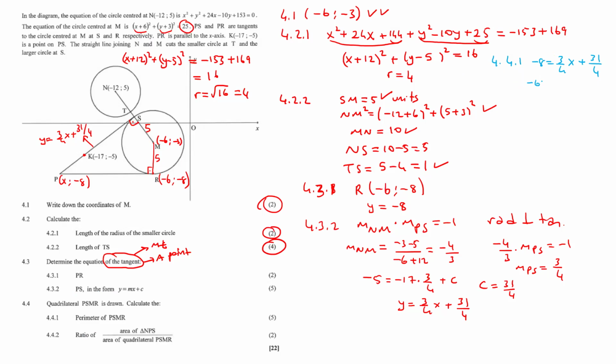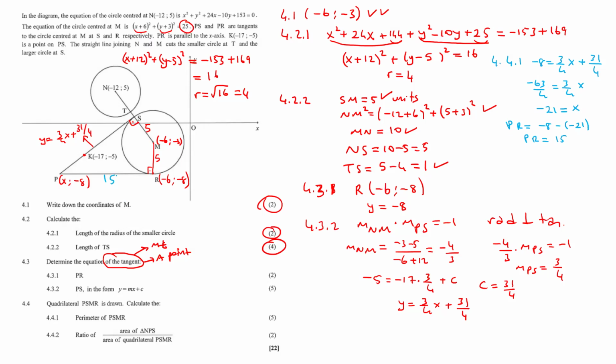Negative 63 over 4 is equal to 3 over 4x. So if you divide both sides by 3 over 4, you get negative 21 is equal to x. So from this, PR will be equal to negative 6 minus negative 21, which is equal to PR is equal to 15 units.